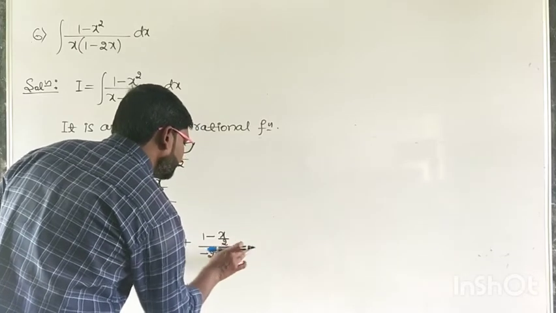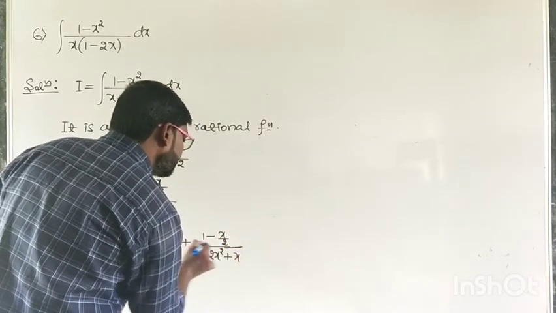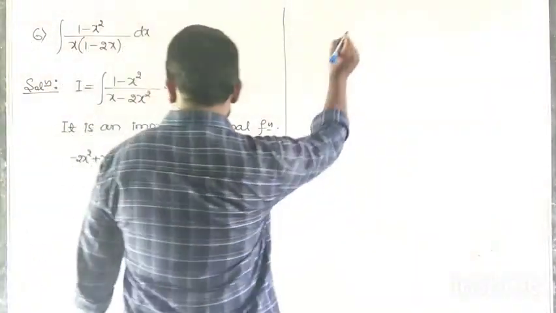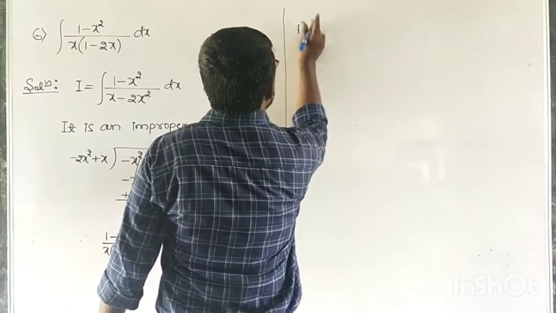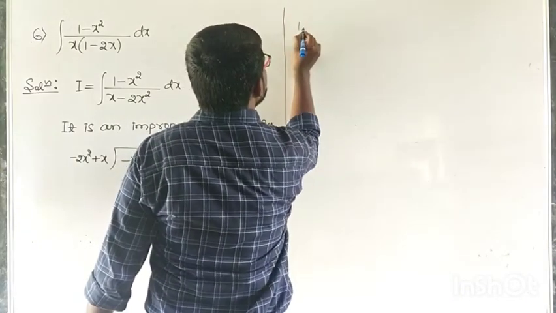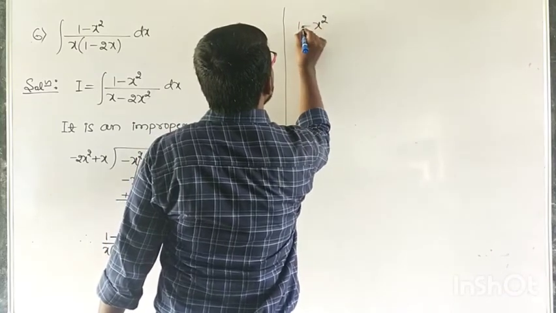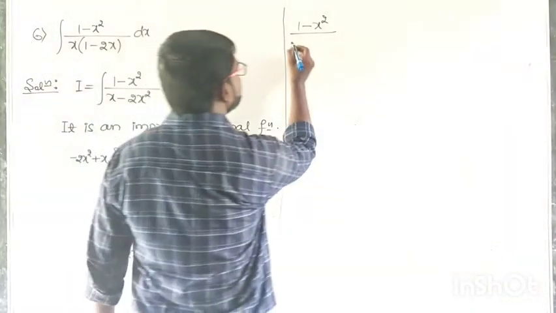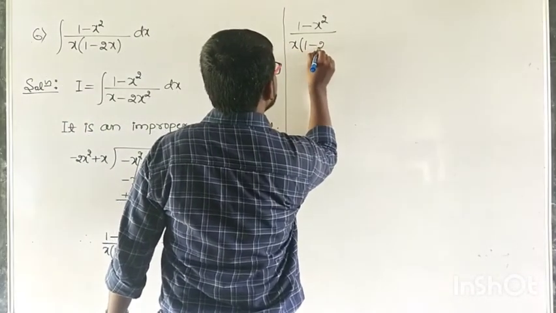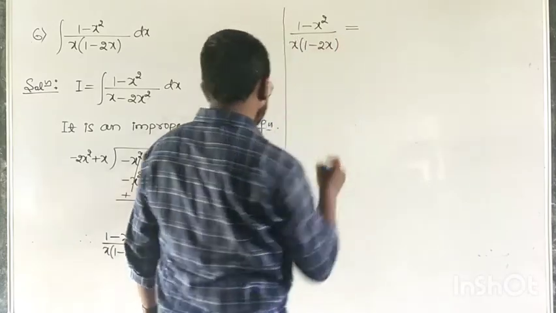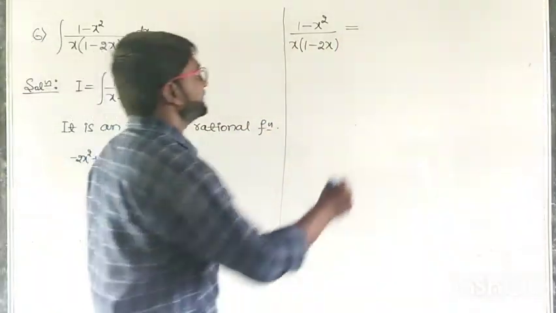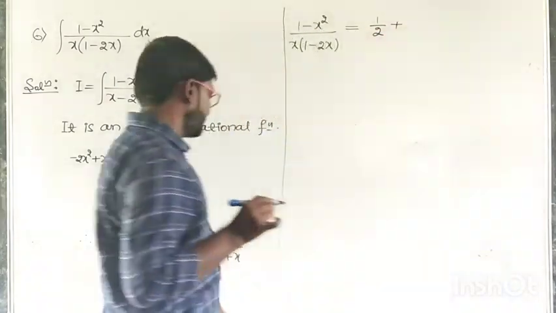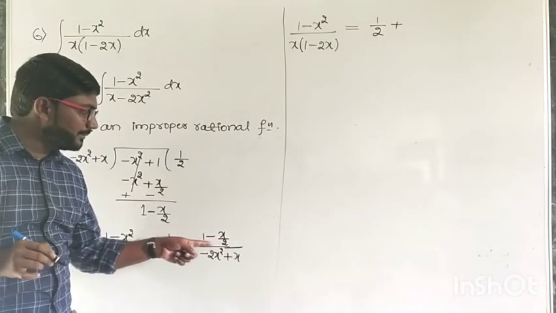So in the next step, it can be written as, see here, 1 minus x square divided by x into 1 minus 2x, which is equal to, I write 1 by 2 as it is, plus, now here take up the LCM. 2 will be multiplied with 1.